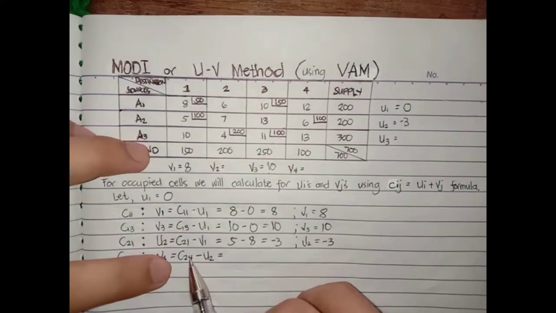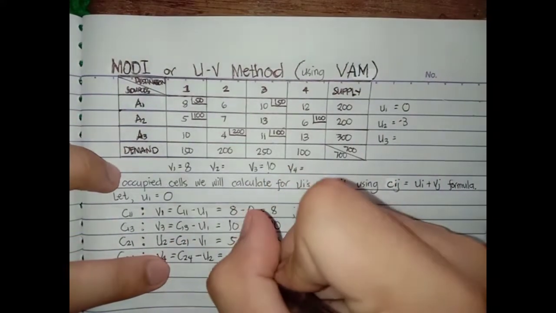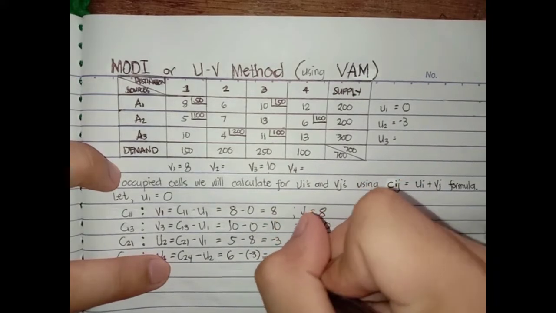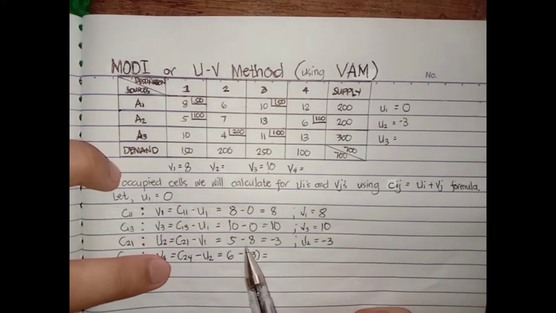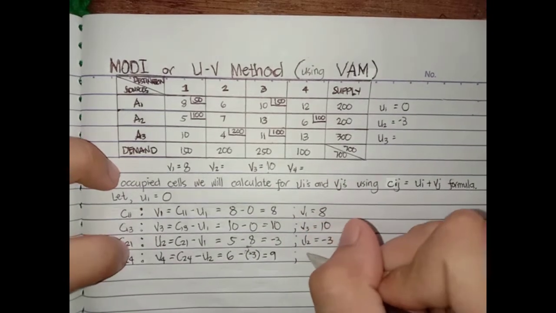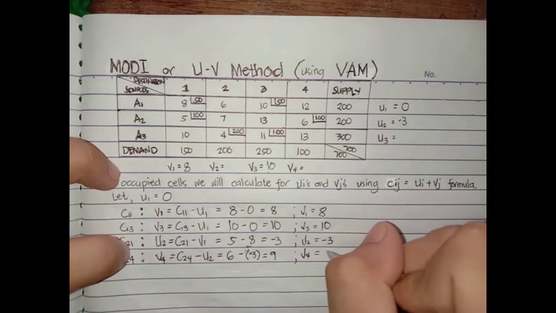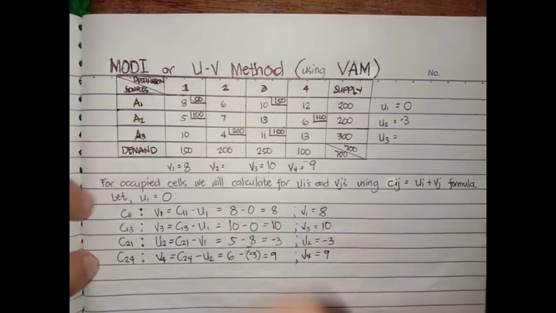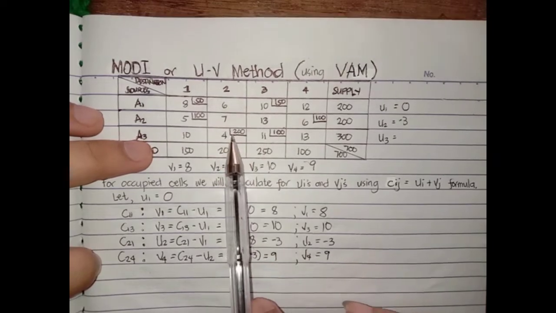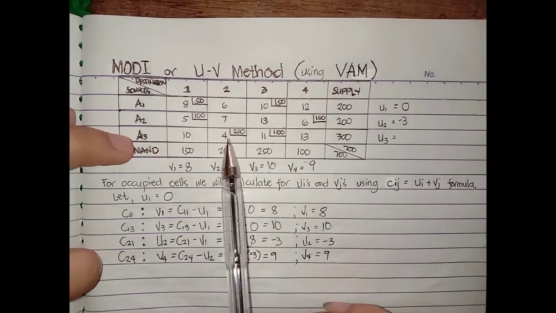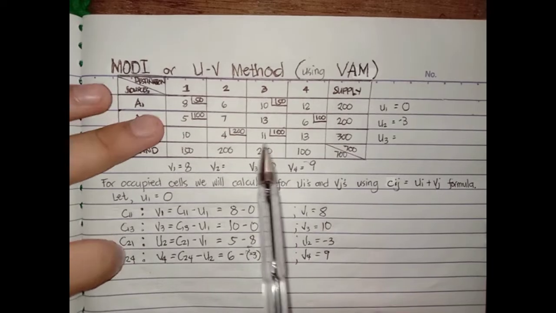C24 is 6 minus U2, negative 3, so we have plus. So 6 plus 3 is equal to 9. So we have our value of V4 equal to 9. So we'll put 9 here. Next, since we have values for V2 and U3, we will first calculate for this cell.